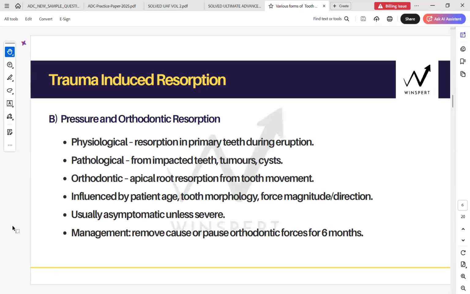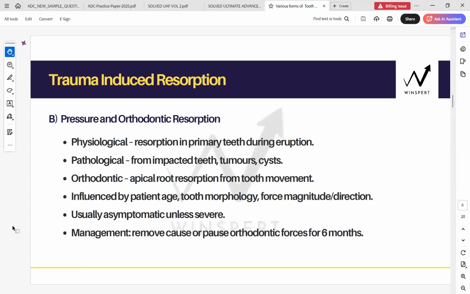You have done it in the Megamaster file, Ultimate Advanced file, SBQs on that. Associated with the ameloblastoma and resorptions of 4/7, 3/7, like your mandibular molars. Everybody remembers that? So now that is your pathological resorption. Pressure related resorption of pathological etiology.